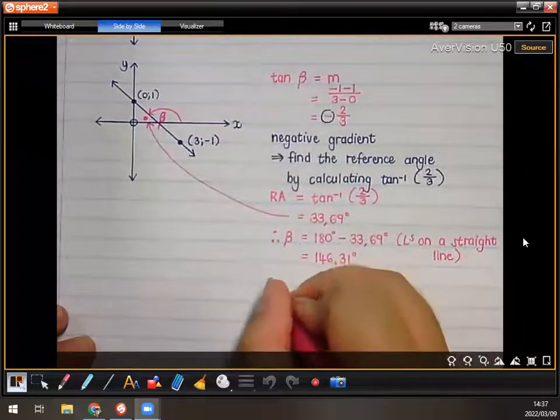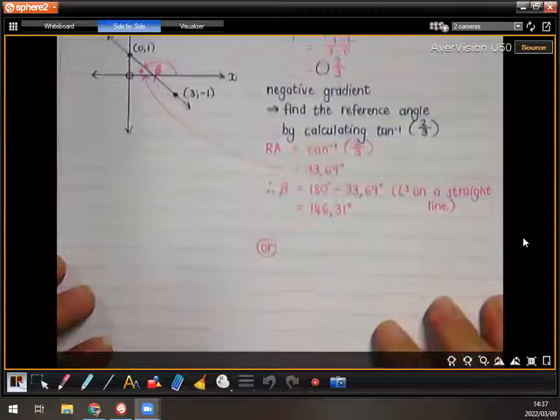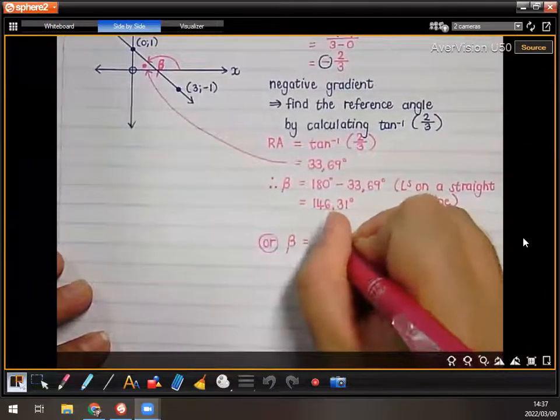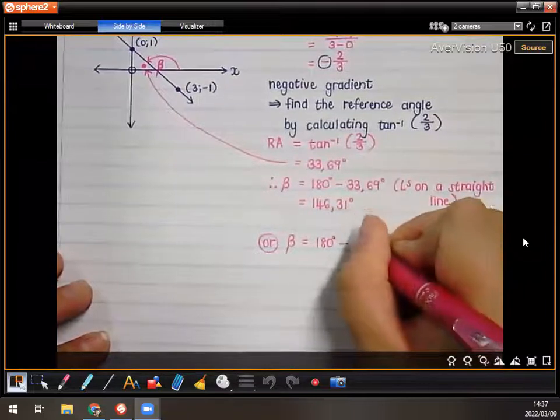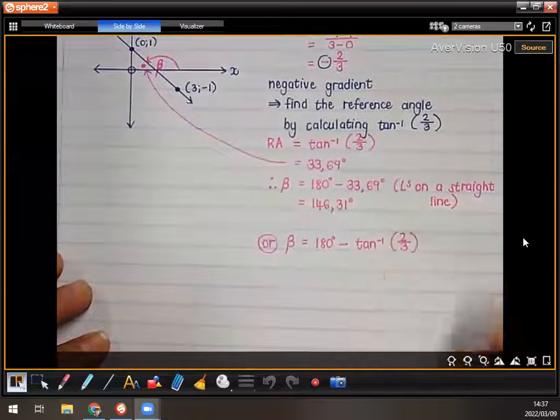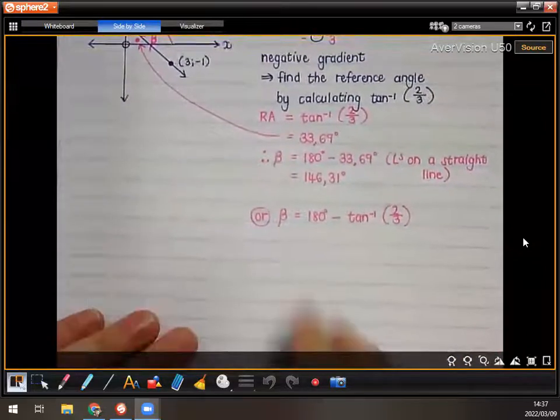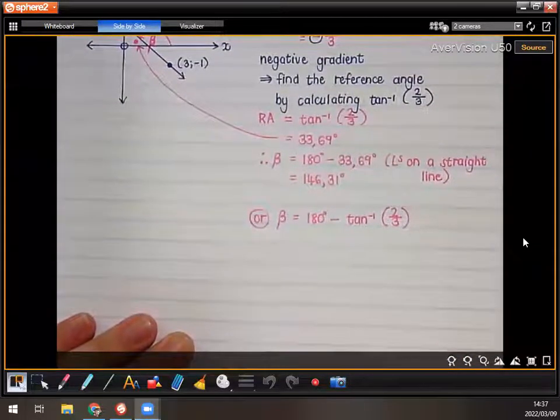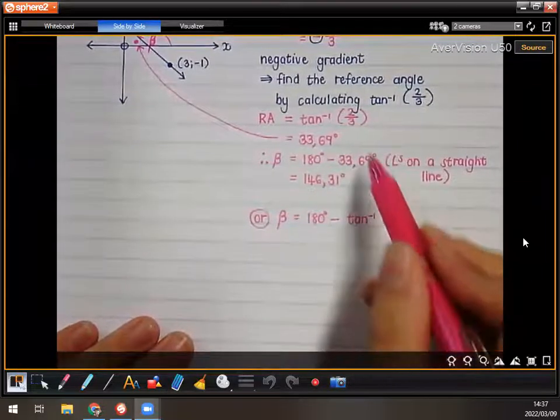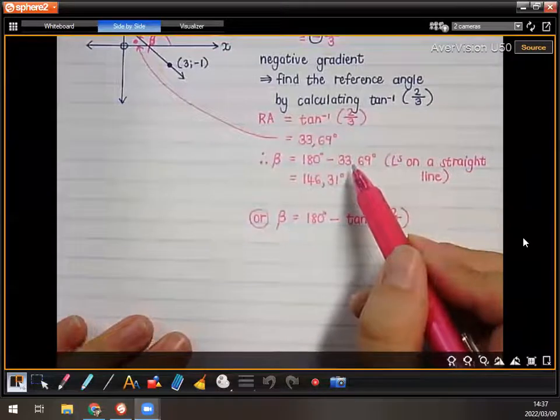You could just write beta is equal to 180 minus shift tan of 2 over 3. You see if that makes sense? That's basically what we did. We did shift tan 2 over 3, and then we subtracted it from 180.